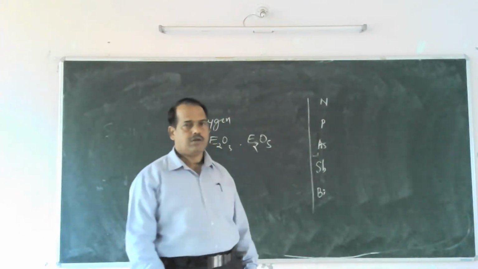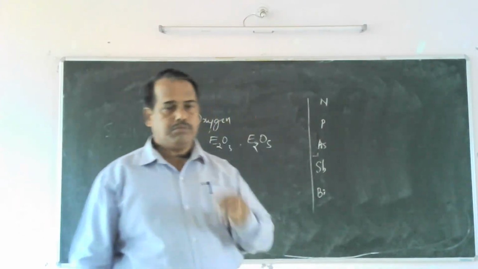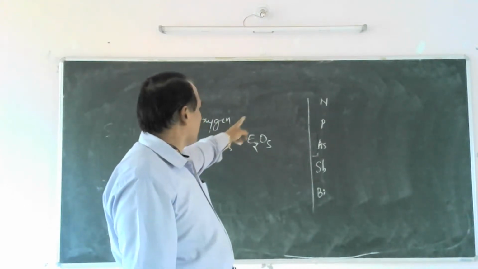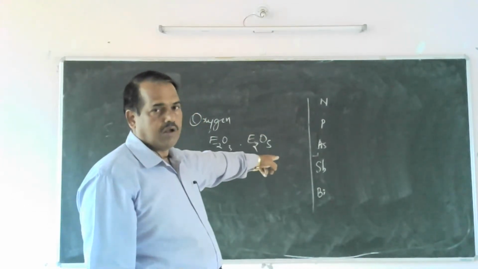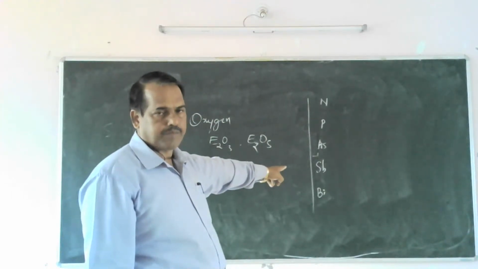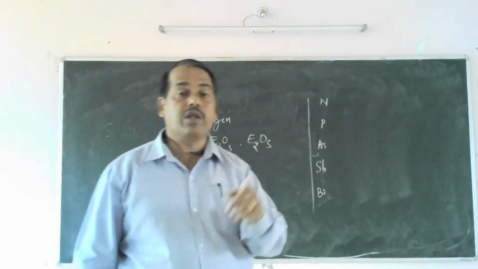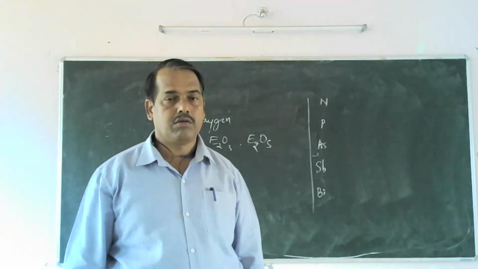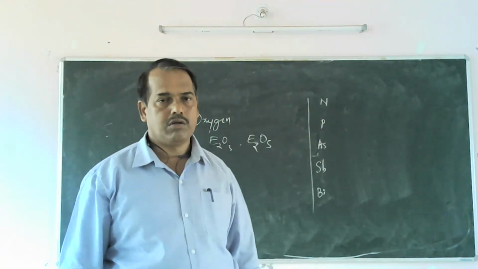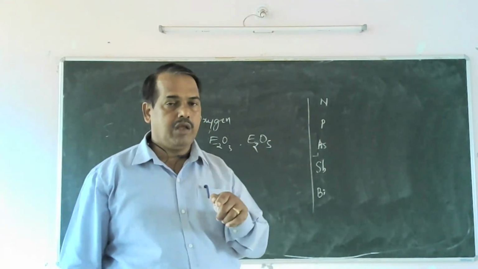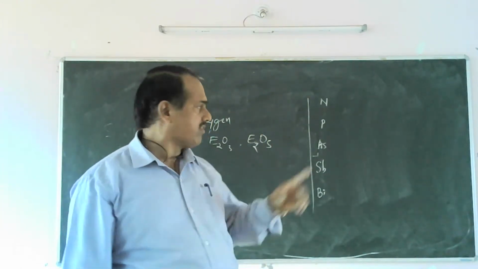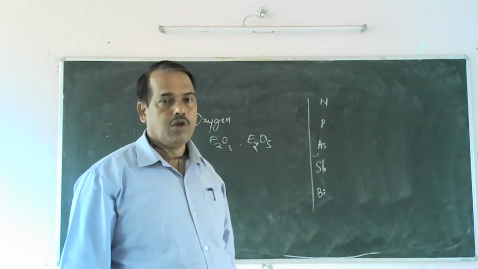Remember, all these oxides are generally acidic in nature. If you go for arsenic and antimony oxides, they are amphoteric in nature. Those metalloid oxides are amphoteric in nature.